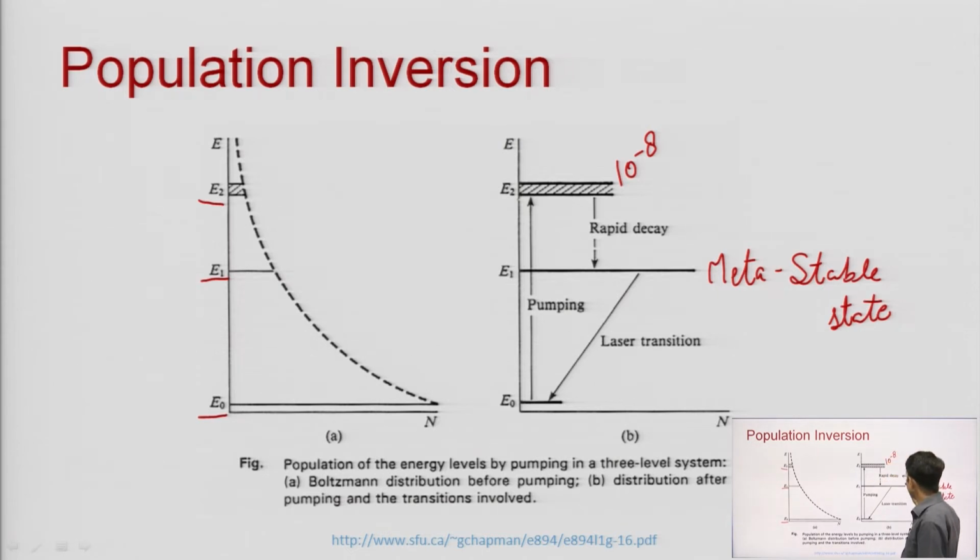Now, due to more waiting time, over here the number of electrons will become more, and so we have achieved population inversion, and this jump from E2 to E1 is non-radiative. This is called rapid decay and non-radiative.